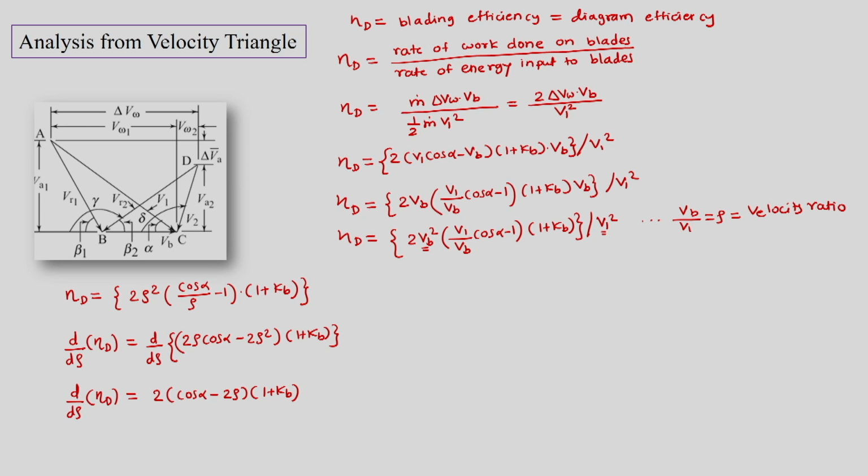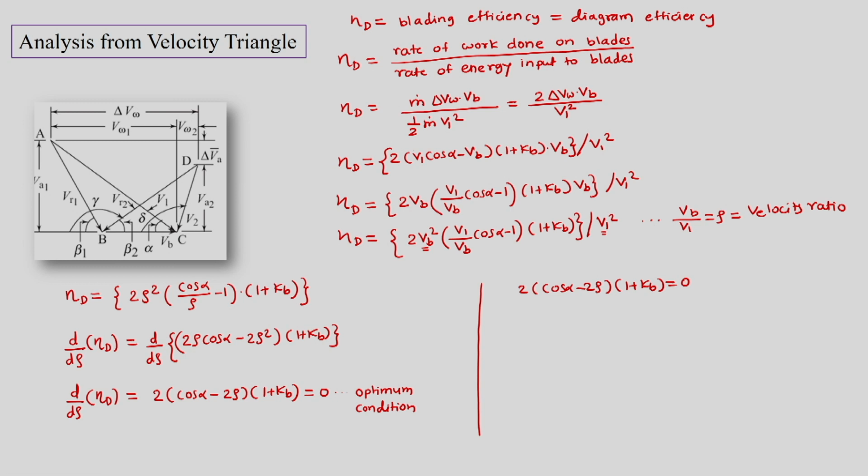So, this leads to the fact that for an optimum condition of rho, this should be equal to 0. So, at the optimum condition we will have 2 into cos alpha minus 2 rho into 1 plus KB equal to 0.